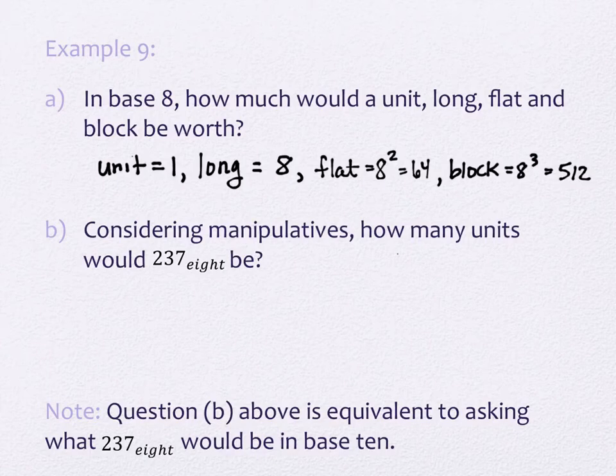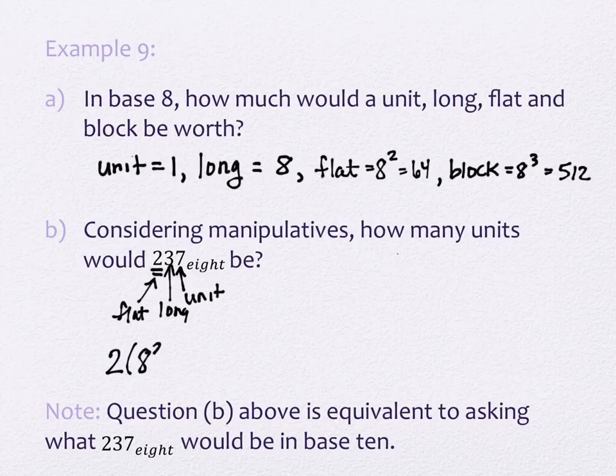So if we were looking at this, considering manipulatives, how many units would 237 base 8 be? Well, this 2 right here is in the 64's place, right? It's the flat. So this is the units place. This is the longs place, and this is the flats place. This is 2 flats.